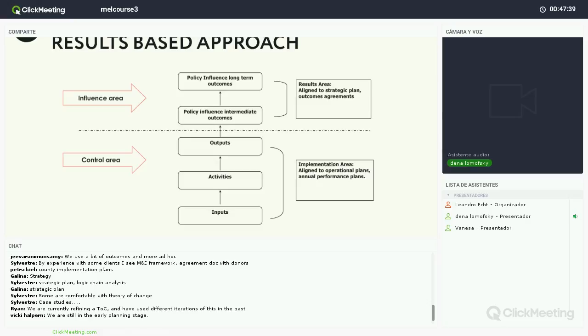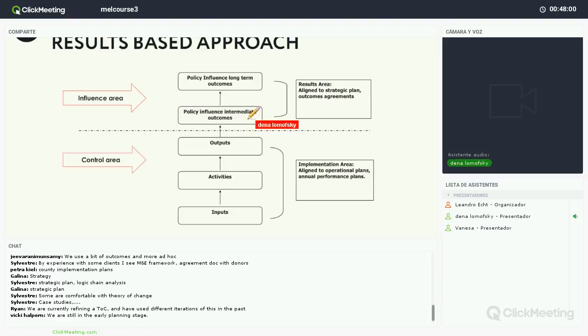Even outcome mapping, which is more on the left-wing side of evaluation, is allowing for more emergent outcomes. It's still within the results paradigm, trying to get organizations to think through the change that they want to see and to have at least some kind of a vision of where they go.